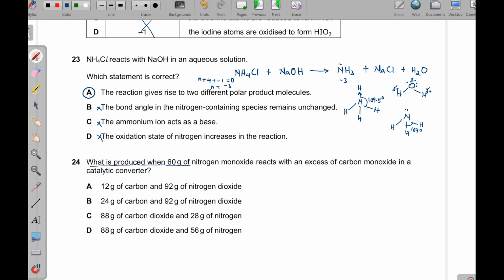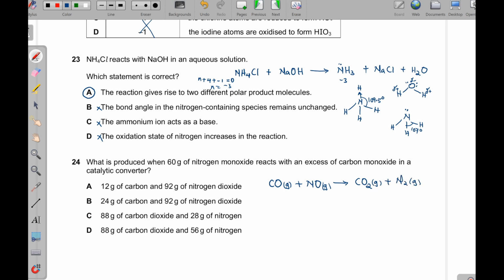What is produced when 60 grams of nitrogen monoxide reacts with an excess of carbon monoxide in the catalytic converter? The first thing we need to know is the equation. When carbon monoxide reacts with nitrogen monoxide in the catalytic converter, we form carbon dioxide and then nitrogen as a gas.